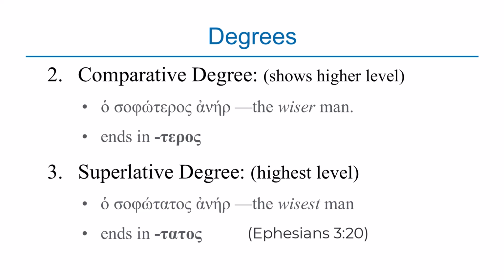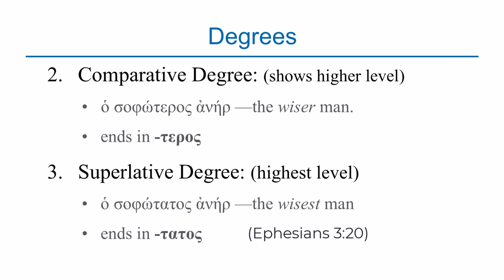So Paul doesn't just say that God can do more. He intensifies it to say God can do beyond, out of the abundance of more than we ask or think. Paul is trying to say that God's power is limitless. It goes to the highest level of providing for your need. The adjective is in the superlative, showing the highest level of authority, the highest level of power, a limitless God.